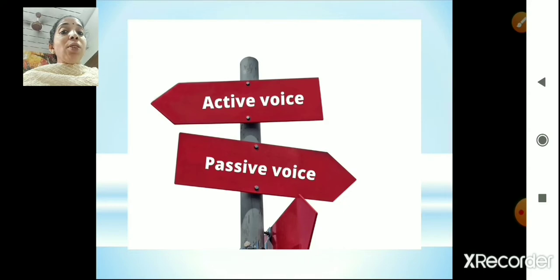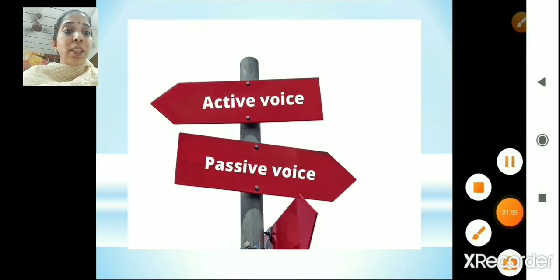Alright, then do you remember we learnt a few steps on how to change the voice from active to passive. So let's revise that as well. The first step, find out the significant verb in the predicate. And what was the second step? Change the meaningful verb or the significant verb into past participle form. The next step, what is the next step?